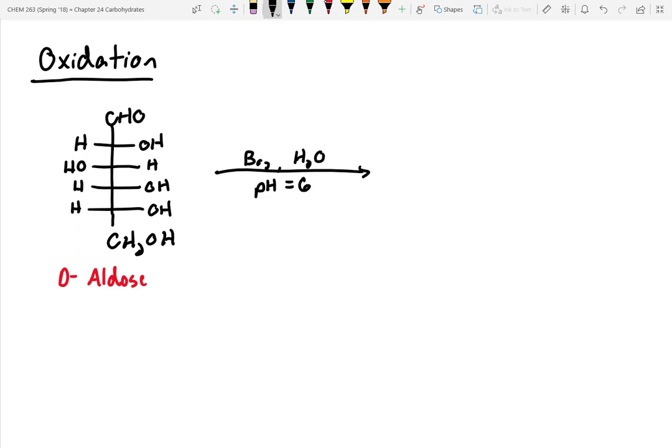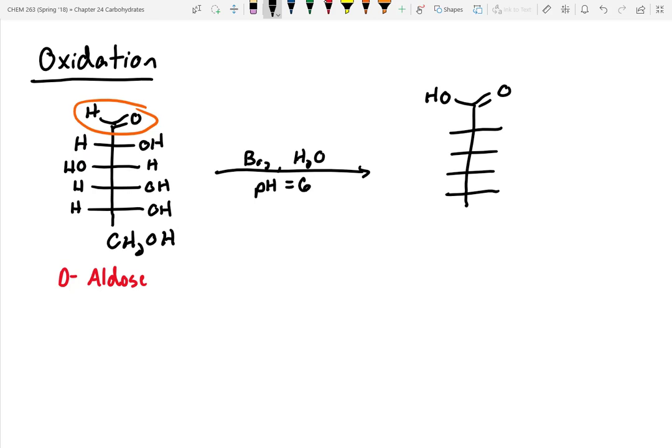And what do you think is going to happen to this aldehyde under oxidative conditions? What will it turn into? In fact, let me even draw out the aldehyde just so we can keep track of this. What do you think is going to happen to it? Yeah, it'll convert to a carboxylic acid, so it'll change its oxidation state. And you can change this top position into a carboxylic acid.